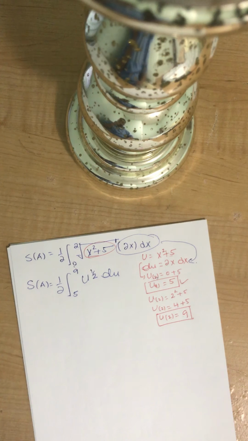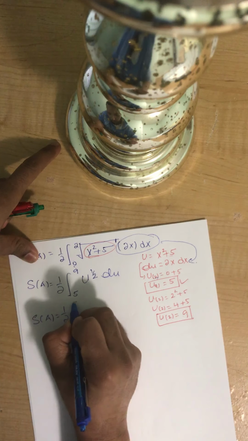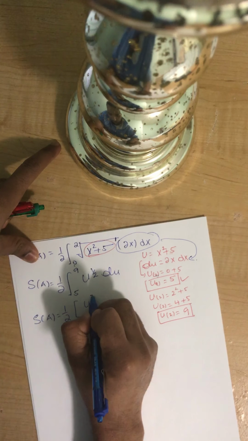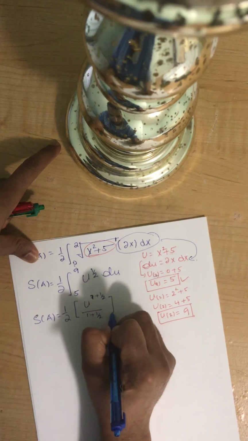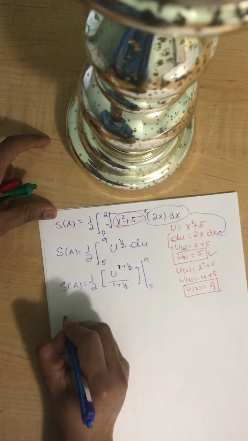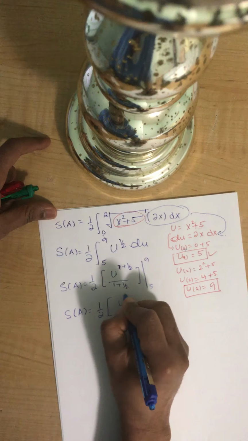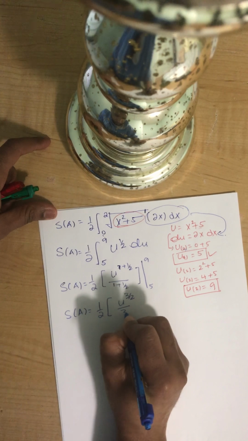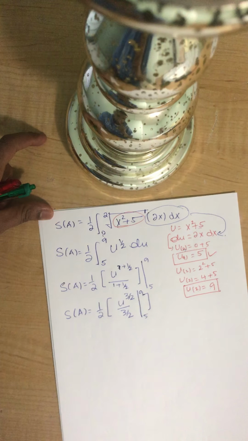Now, it is simple to integrate this one by adding 1 to the power. So surface area is equal to 1 over 2, u to the power of 1 plus 1 over 2, over 1 plus 1 over 2. My boundaries are 5 to 9. So surface area is equal to 1 over 2, u to the 3 over 2, over 3 over 2, 5 to 9.